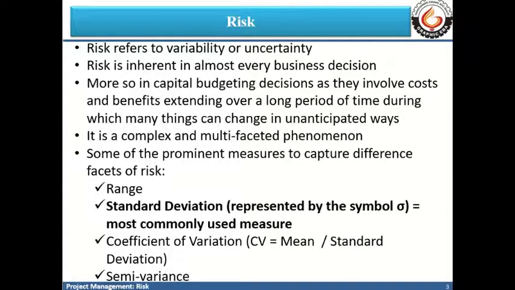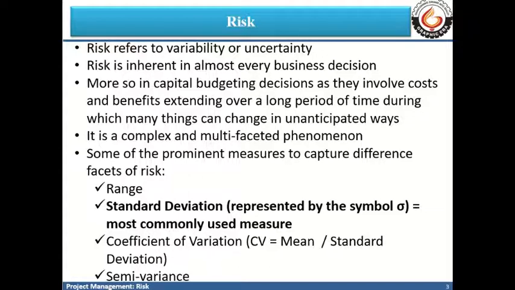So a project has a typical beginning and an end, and an intervening phase. A project life cycle, as you all know, consists of the various phases of conceptualization, planning, execution, and termination. So it is spread over a specific period of time, and in between this period, uncertainties might creep in.